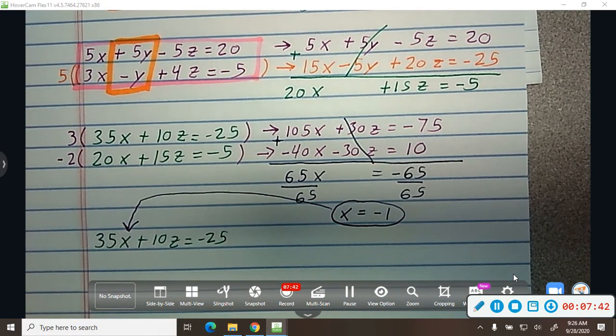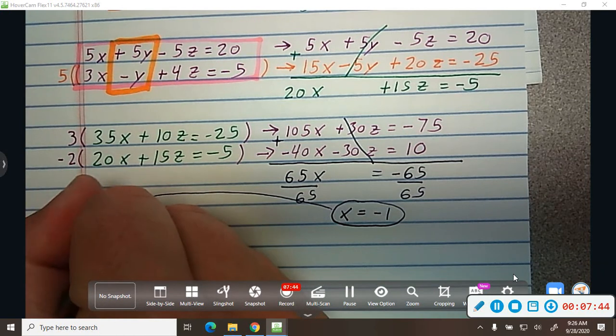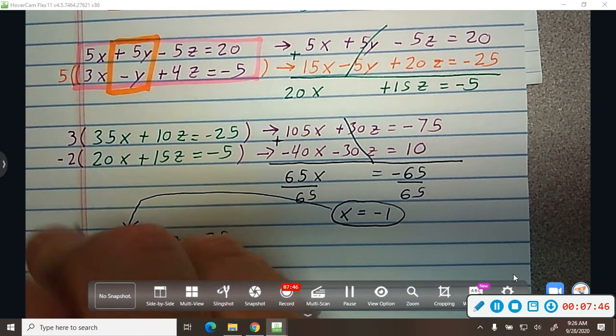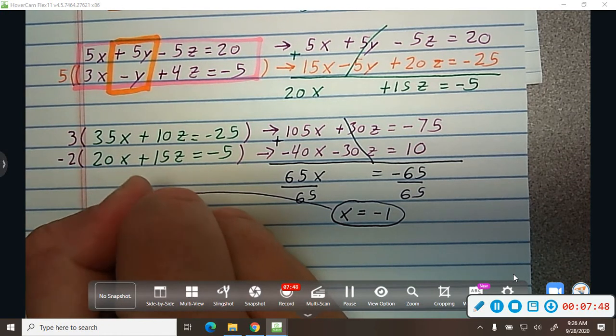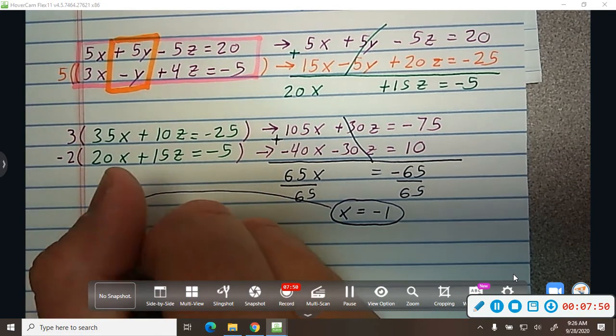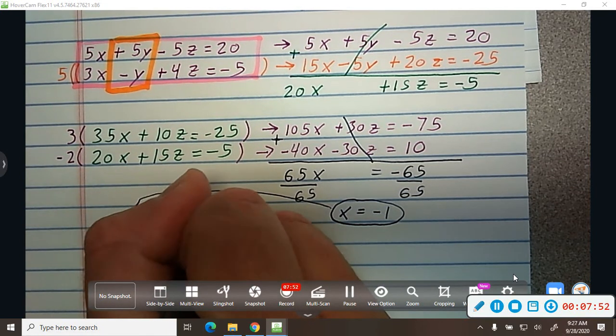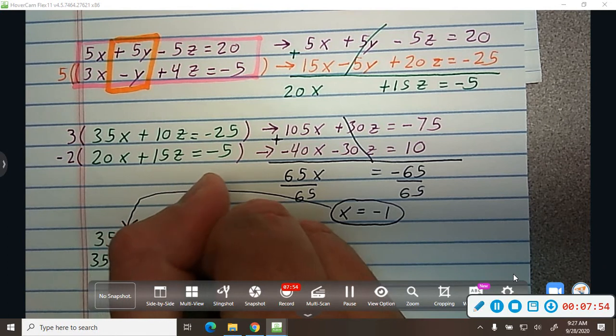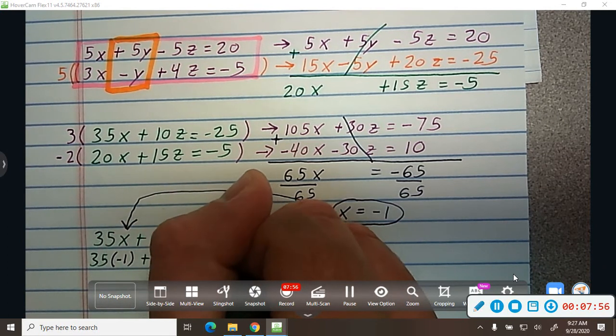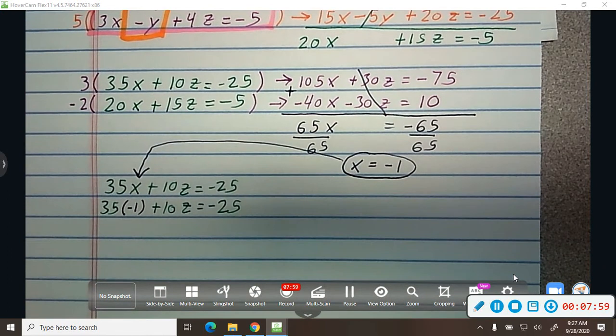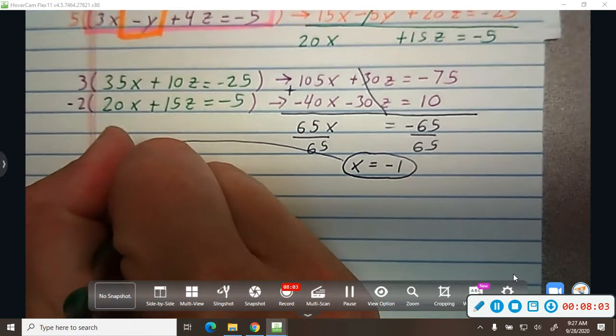So that's 35 times negative 1 plus 10 times z is negative 25. So 35 times negative 1 is negative 35.